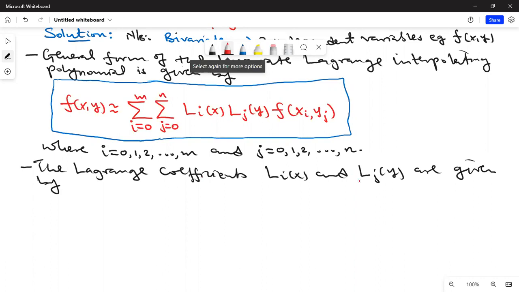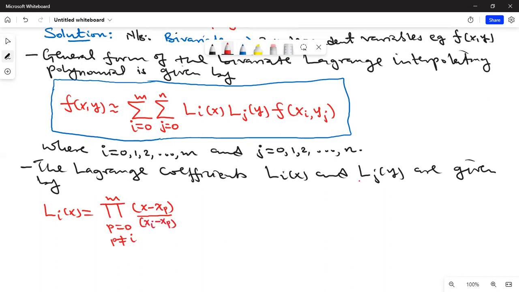We start with Li of x. Li of x is simply equal to the product from p equals 0 to m, p not equal to i, of x minus xp over xi minus xp. That's how we define that coefficient, Li of x.